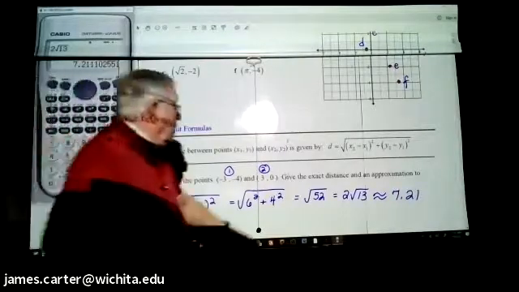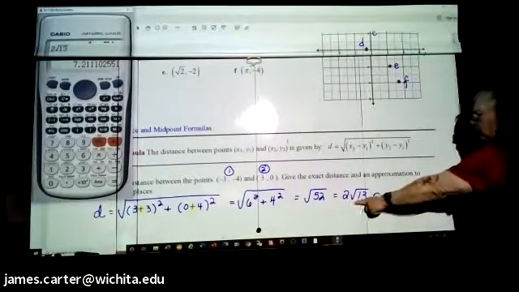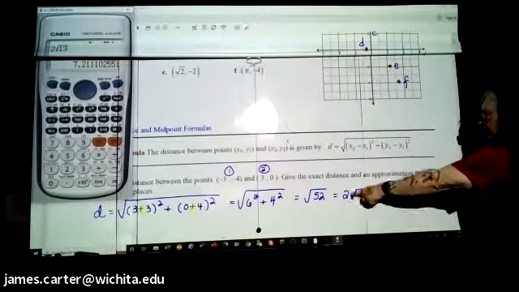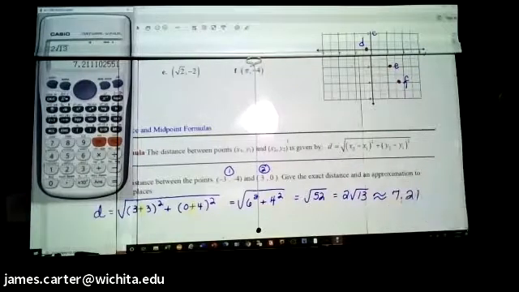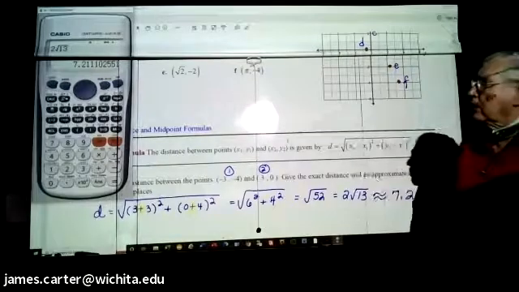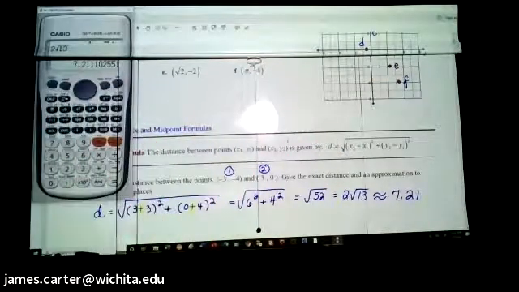Yesterday, I brought you this far, and then I told you that you can look up in your calculator the square root of 13 and multiply it by 2. I have that done on my facsimile calculator over here. One little thing I want to show you is that when you first put in this value in the calculator, you might get an answer that doesn't tell you anything.